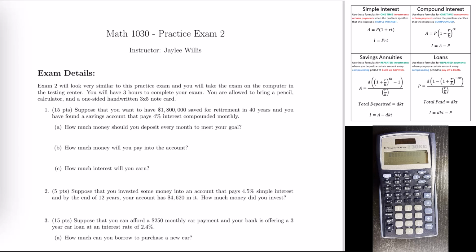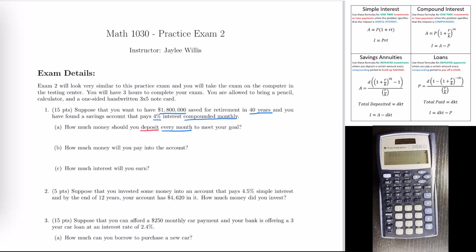So on question 1, it says, suppose that you want to have $1.8 million saved for retirement in 40 years, and you found a savings account that pays 4% interest compounded monthly. And the question is how much money should you deposit every month to meet your goal? So first of all, I'm going to go through and identify my variables.